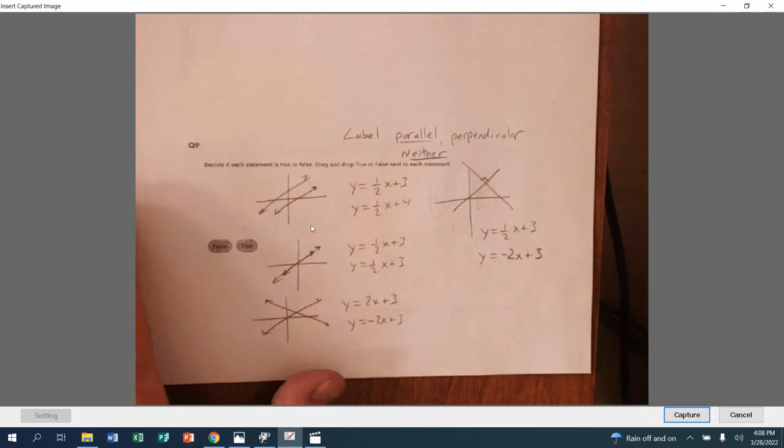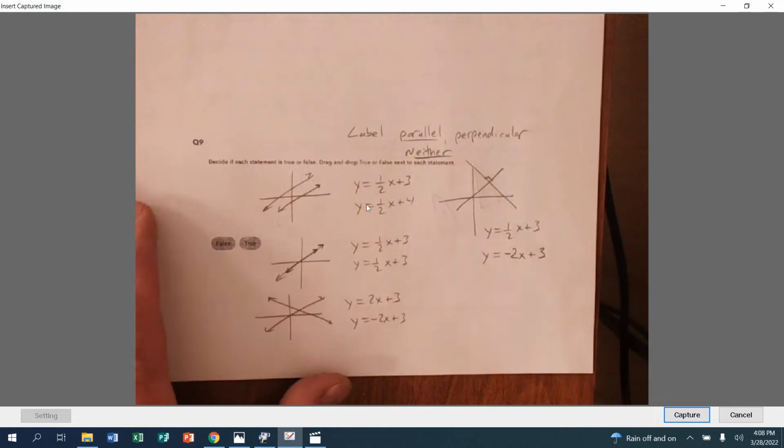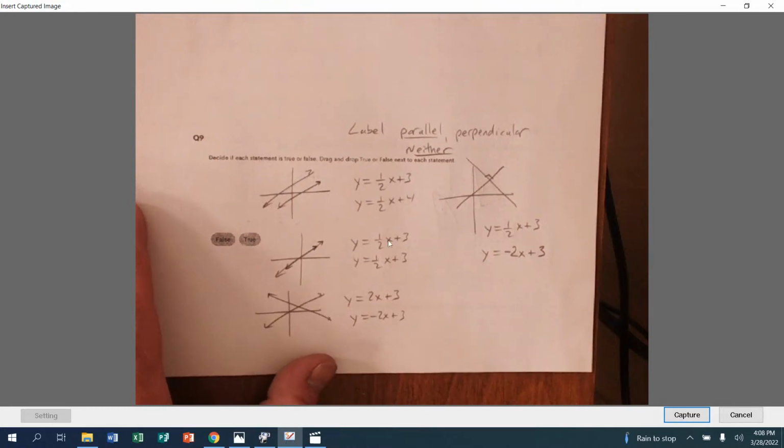For number 9, these true false ones, what I'd like you to write is these 4 sets where I have the graph of 2 lines with possible equations.